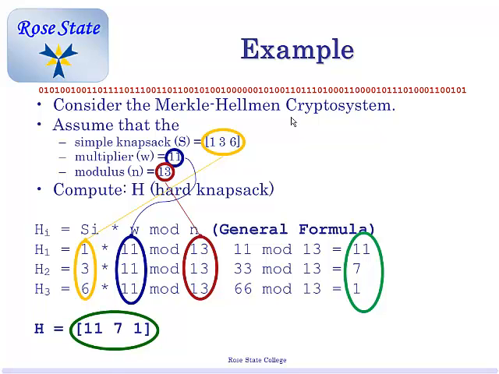Remember, 1 came from the simple knapsack, 11 is the w, the multiplier, mod 13. 11 mod 13 is 11, just so happens the same number. 3 times 11 mod 13. Remember, the 3 came from the second value; h_2 came from s_2. So we get 33 mod 13, which ends up to be 7. Then 6 times 11, the 66 mod 13, we end up with 1. So, what is Carol going to send me? Remember, Carol's doing all this work so far.